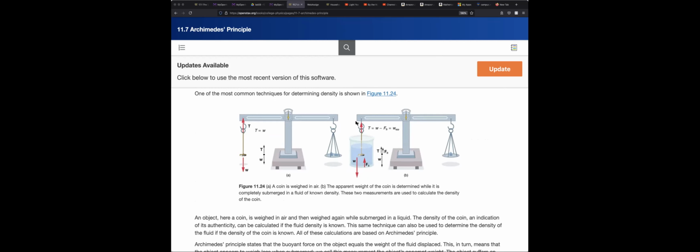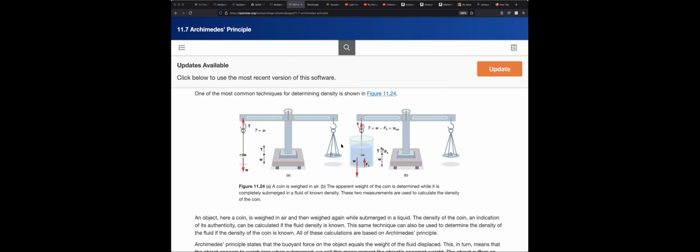What he did is he measured the mass of the crown in air, which was the exact mass it should have been. If the king gave the goldsmith a kilogram of gold, then it would be equal to a kilogram right here.